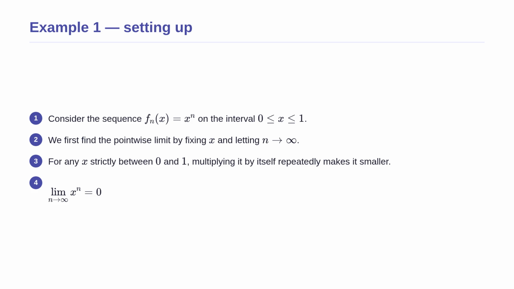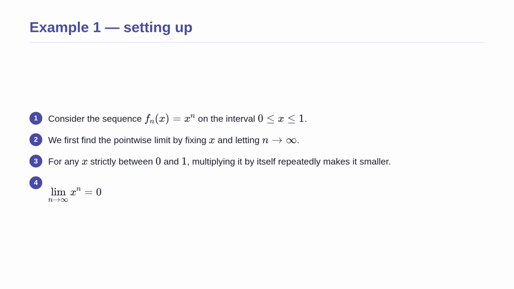Before we move on, let us see this with a concrete example of a sequence that converges pointwise but not uniformly. We are given the sequence of functions f sub n of x equals x to the power of n on the closed interval from 0 to 1. Our goal is to determine the pointwise limit function and investigate whether the convergence is uniform.